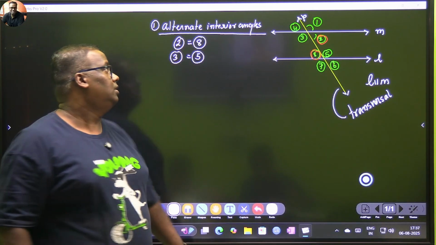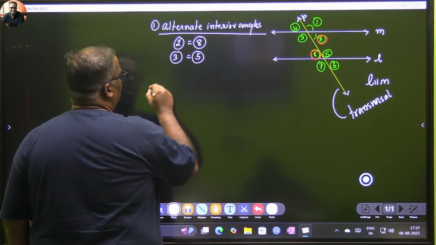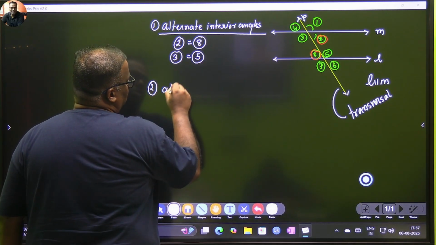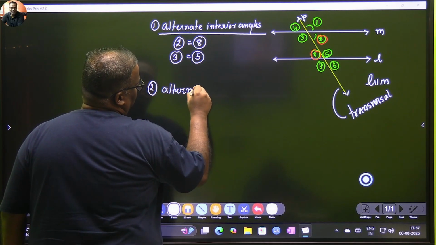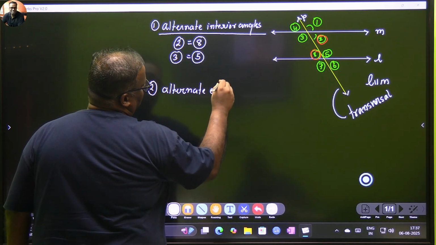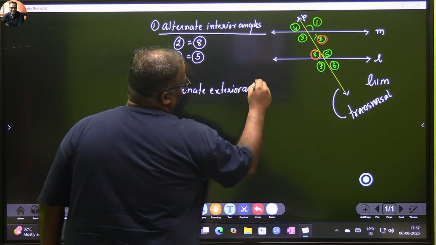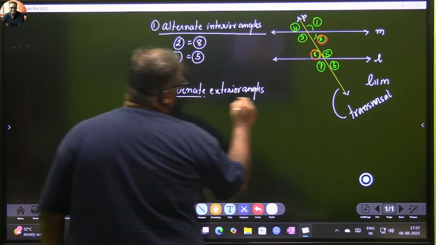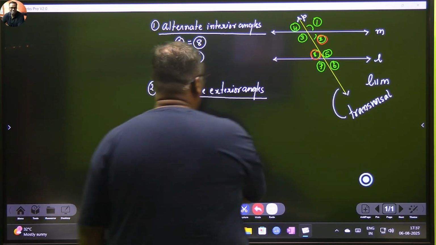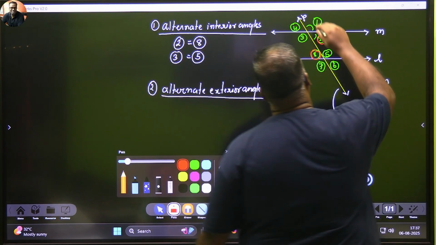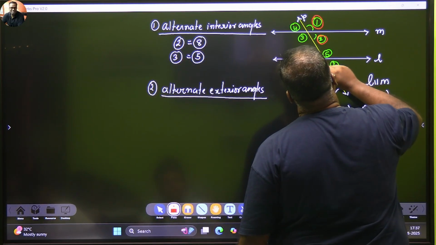The second set of angles that form are known as the alternate exterior angles. Now the angles will be in the exterior zone, and they will also be alternate. That means 1 has a resemblance with 7.